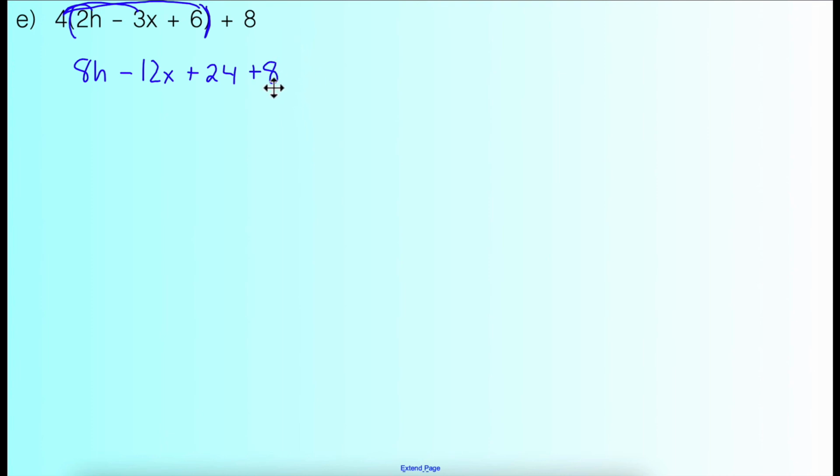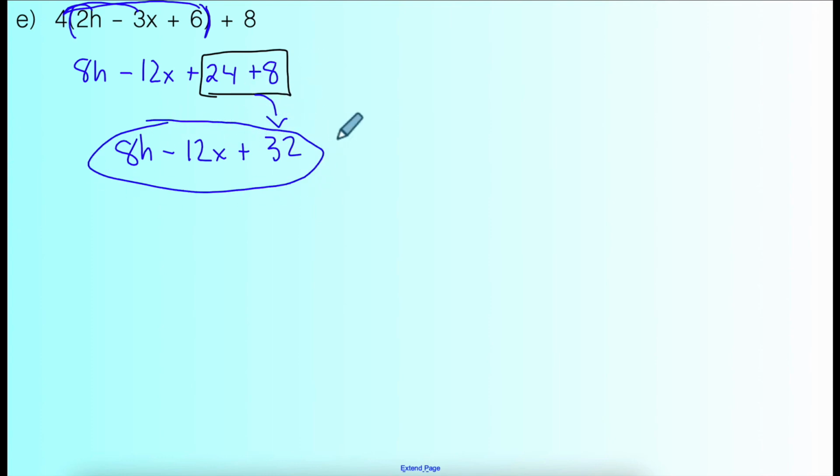And then, just like in the previous example that we did, we can add this 24 plus 8 right here and go a little bit further. So 8h minus 12x plus 32. The 32 is coming from this 24 plus 8 being combined together. And that's the simplified version of the original expression there.